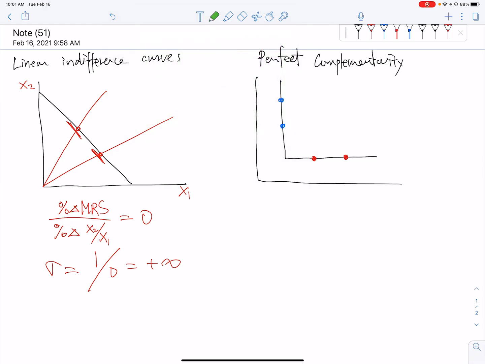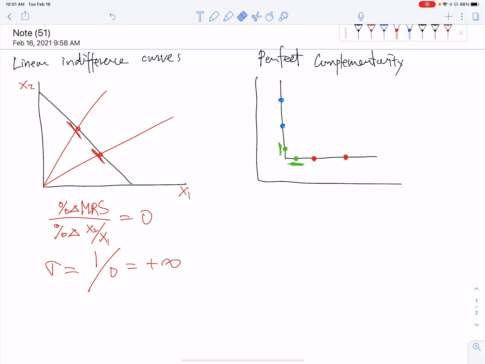But if you think of 2 points on 2 different linear parts of the indifference curve, you can see that the MRS changes infinitely, right? In the lower one, MRS was 0, but now the MRS is infinity, so the change of the MRS is also going to be infinity.